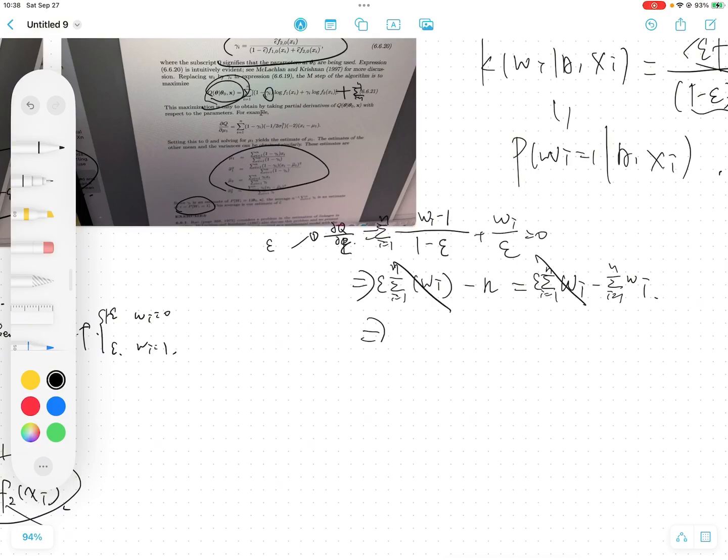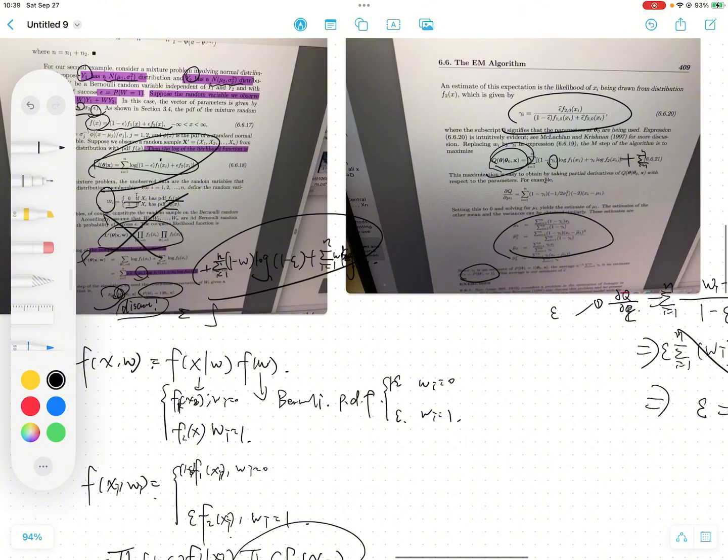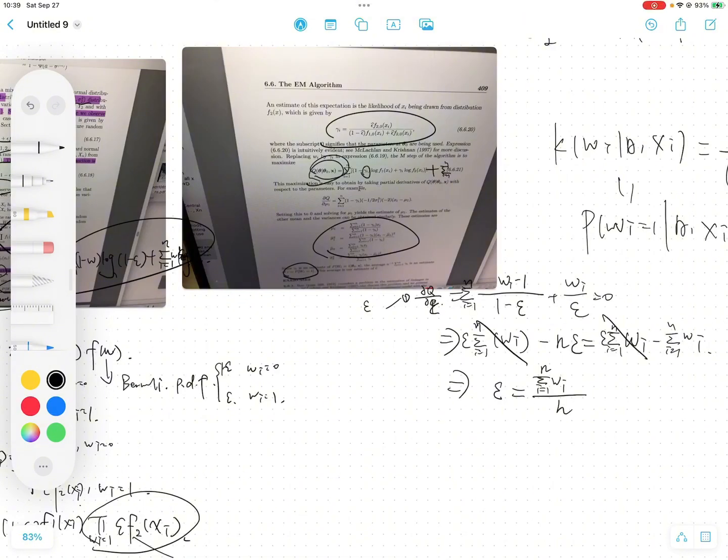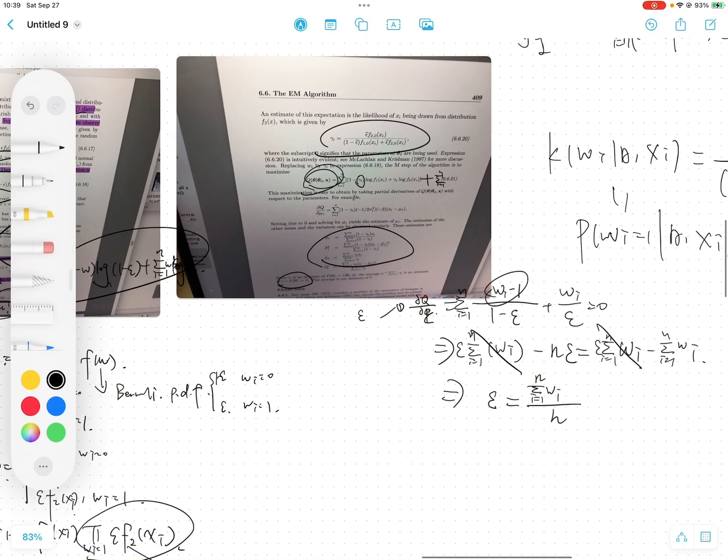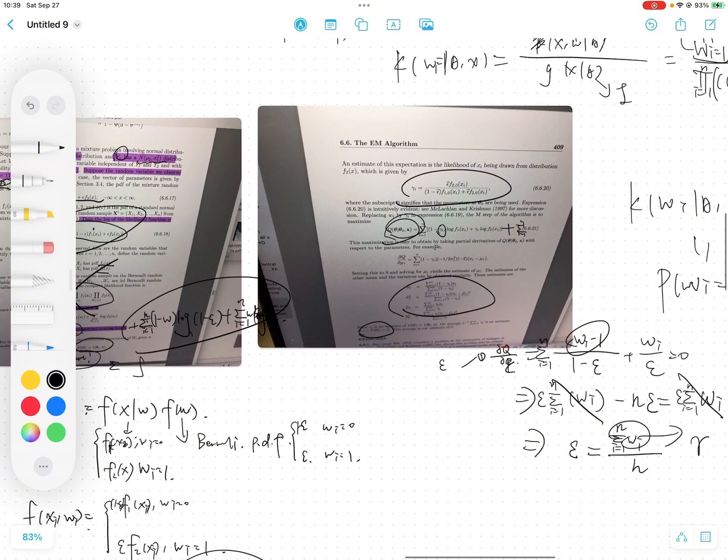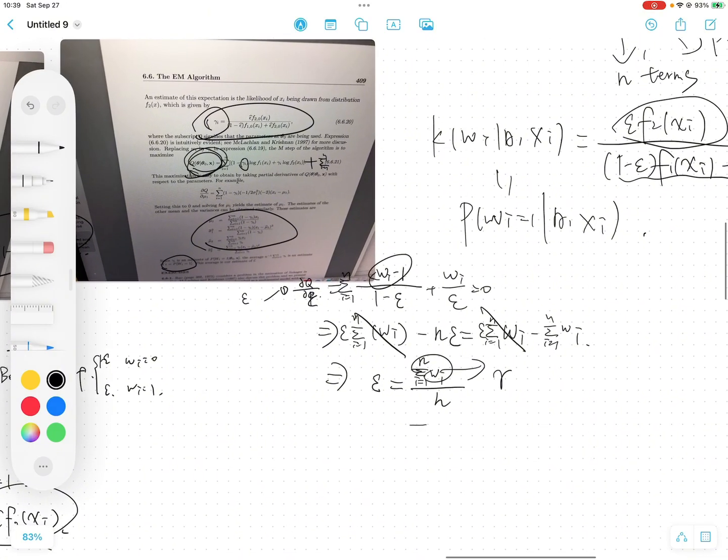But here it is not the Wi but the gamma, because in the E step we have replaced W with gamma.